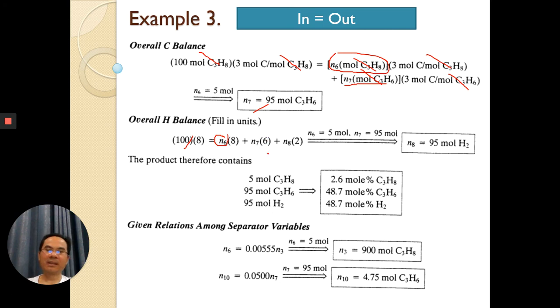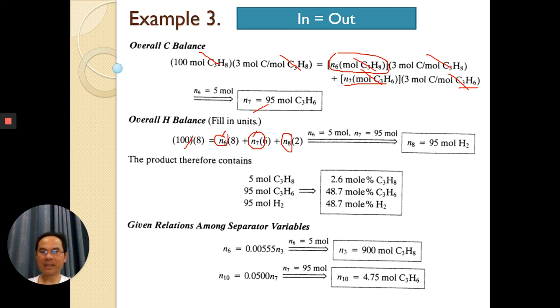The second term is in propylene: 1 mole propylene includes 6 mole hydrogen, and propylene output is N7. And the last term is in molecular hydrogen: 1 mole molecular hydrogen includes 2 mole atomic hydrogen, and hydrogen output is N8. But now you know N7 and N6 already.